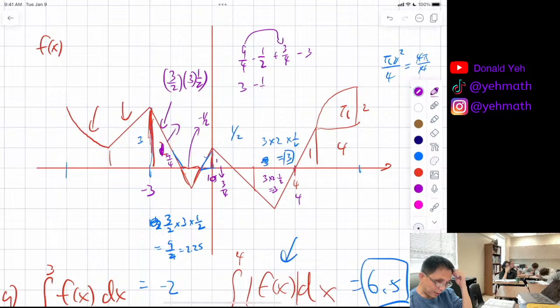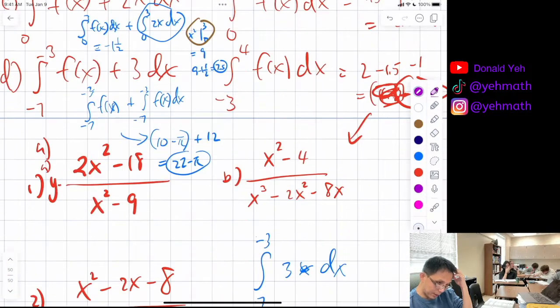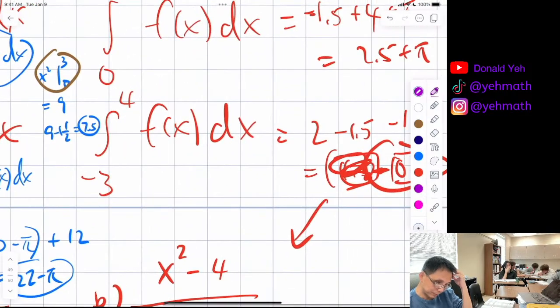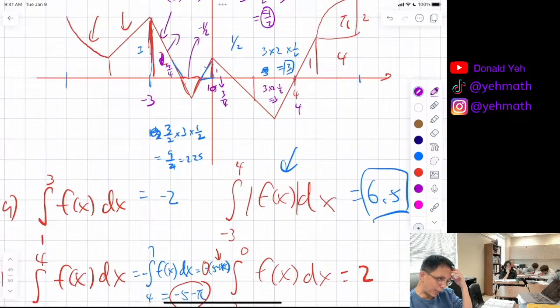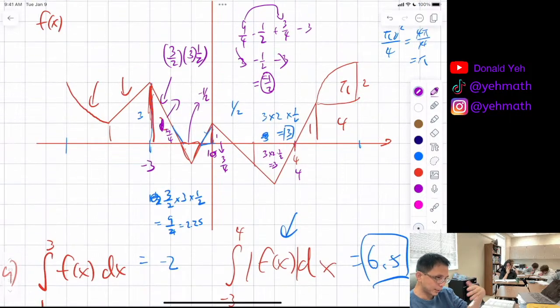And minus half minus 3. So 3 cancels out. It's going to be -1/2. So that is -0.5. See here, -0.5. I add up all the positive part, and I subtract all the area below the axis.